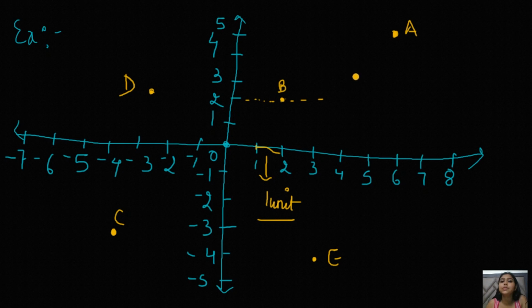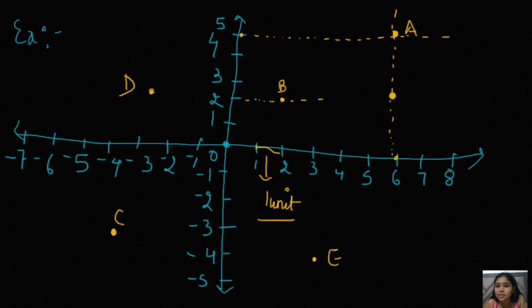So how will you tell me the abscissa and the ordinates? What you have to do is make dotted lines through these points, and wherever the dotted lines meet the number line, that particular point will be the abscissa and the ordinate.